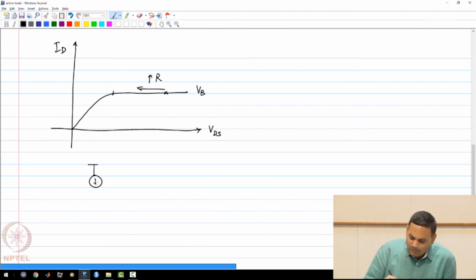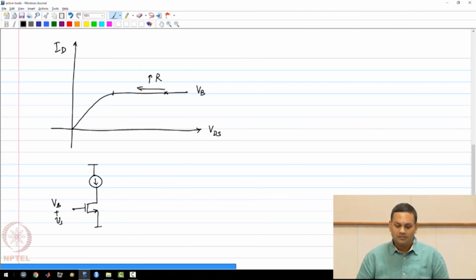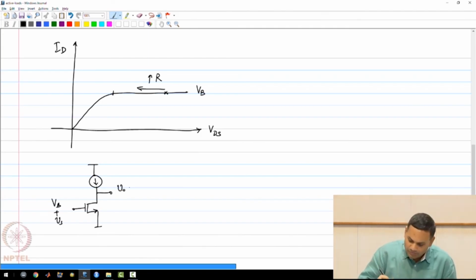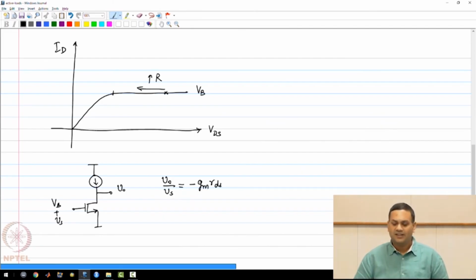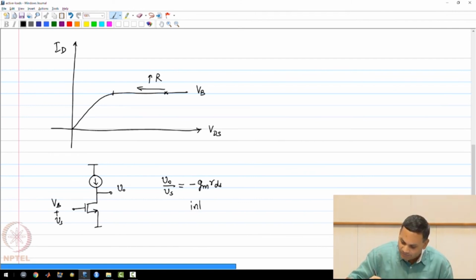You may remember from your basic circuits course that if you take an NMOS transistor and bias it using a current source, the gain of this circuit, vo by vs, is nothing but minus gm rds, and this is the intrinsic gain of NMOS.